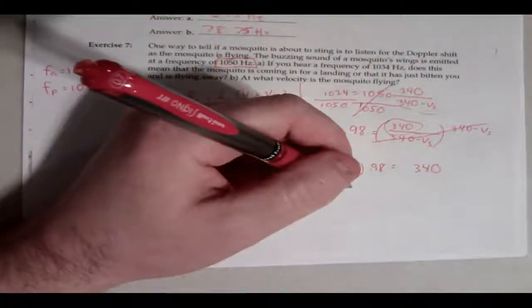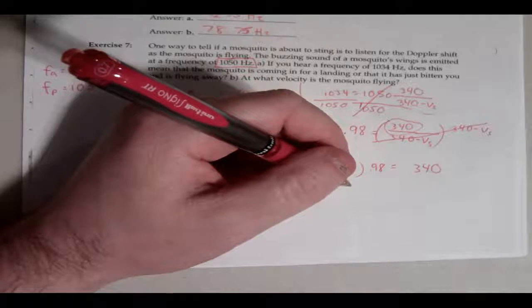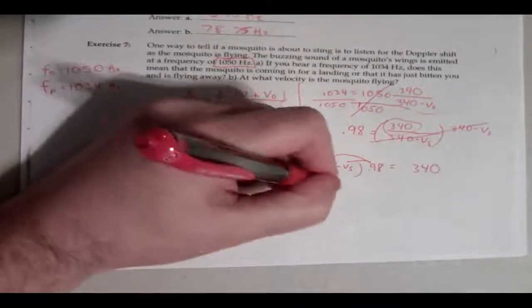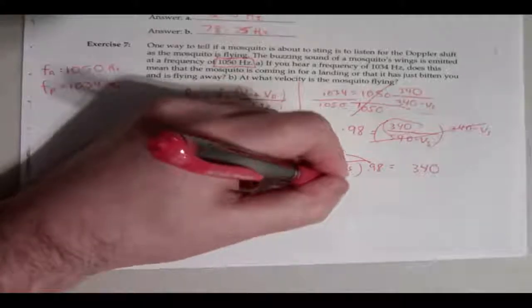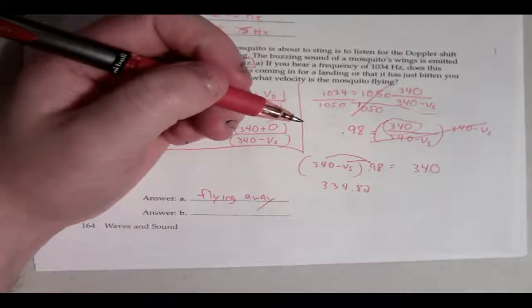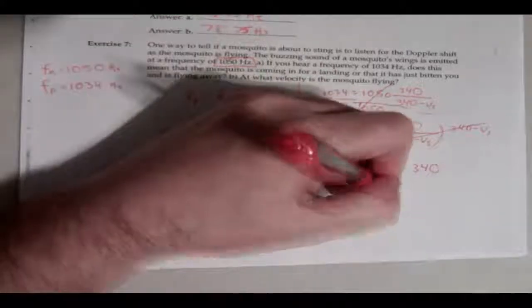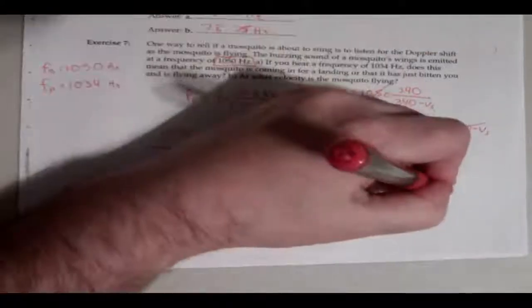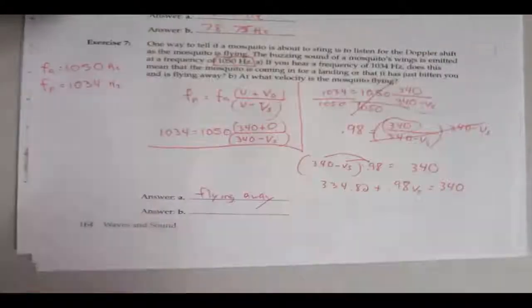Okay, so now here we go. 0.98 has got to multiply this and this. So we're going to get 334.82 plus this times this, 0.98 velocity of the source equals 340.